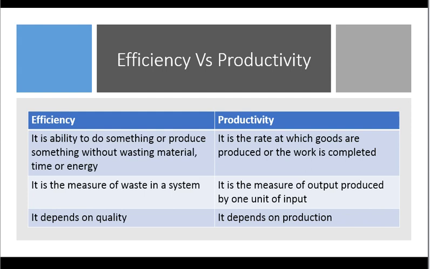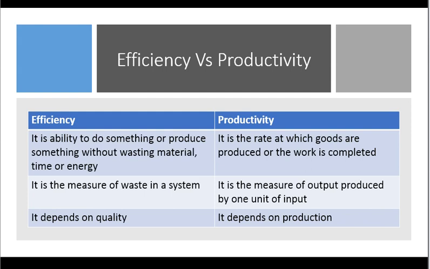Efficiency always deals with quality, and productivity depends on production. How much production we get by supplying a particular input, that comes into productivity. But talking about efficiency, we also measure efficiency in diesel engines and many engines. It says how we properly utilize the engine, its quality, and the proper utilization of fuel.